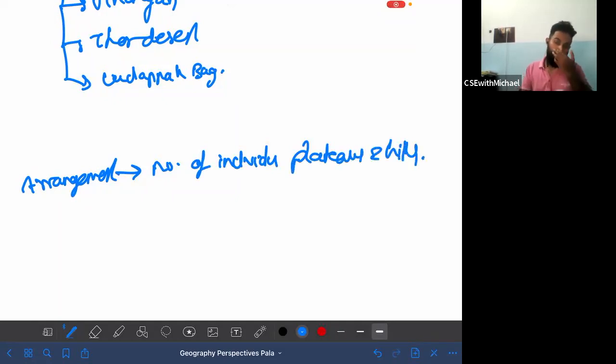So it's an aggregation of several hills and plateaus together, which creates the physiographic unit of the peninsular plateau.